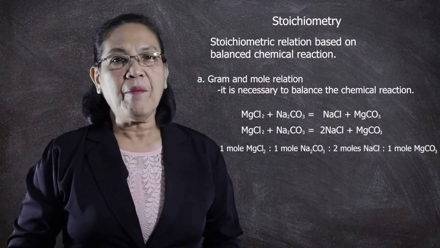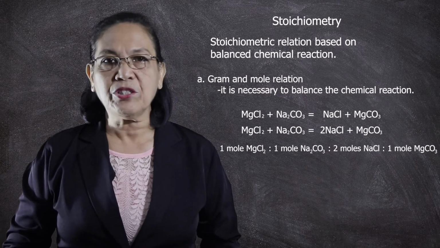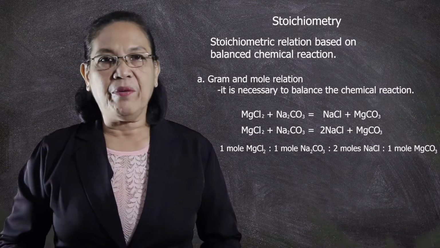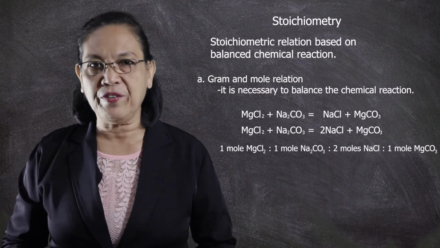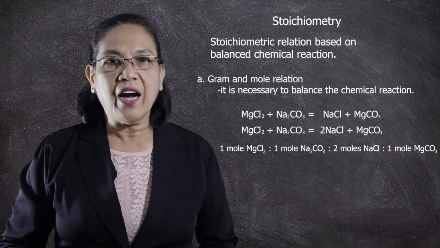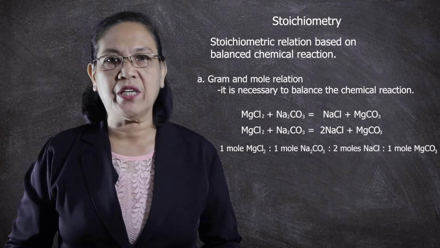Now, to establish the mole relation, we are going to use the actual number of moles used in the chemical reaction. Those numbers used as coefficients in balancing the chemical reaction are to be used in establishing the mole relation.